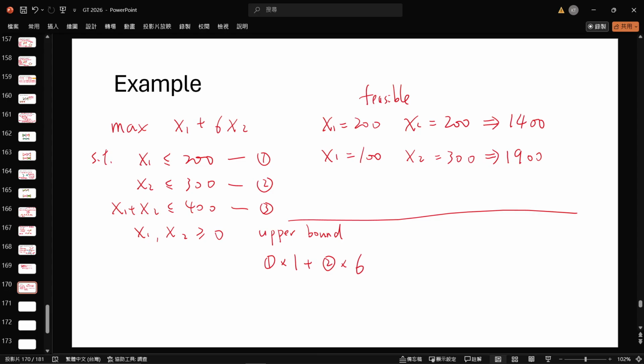So let's combine the first two constraints. When we combine these two constraints, I'm going to multiply the second constraint by 6. So this operation is like, first I have one copy of the first constraint, and then I have 6 copies of the second constraint.